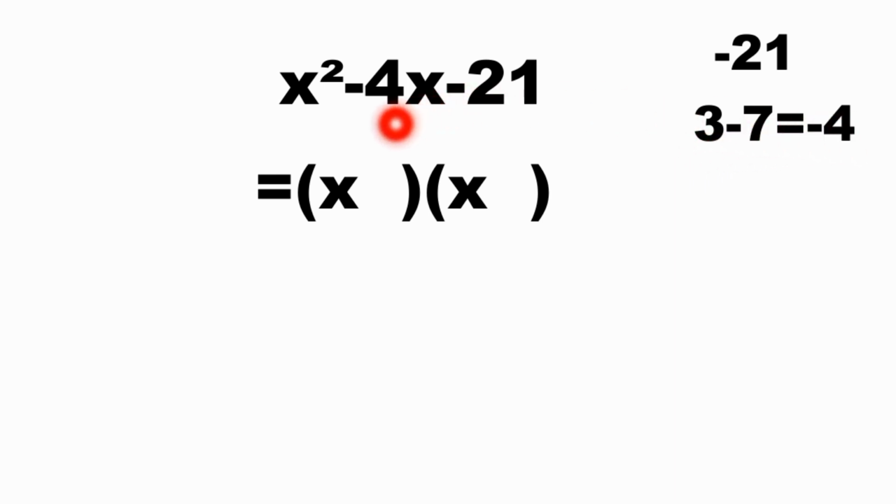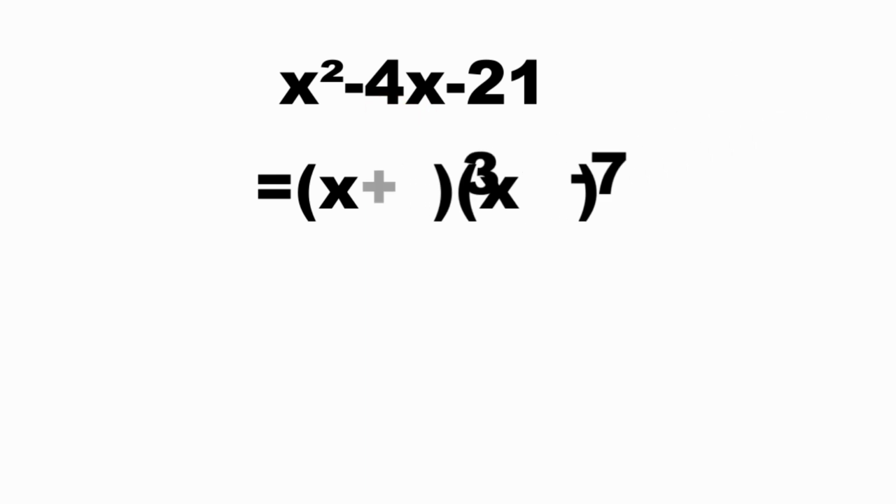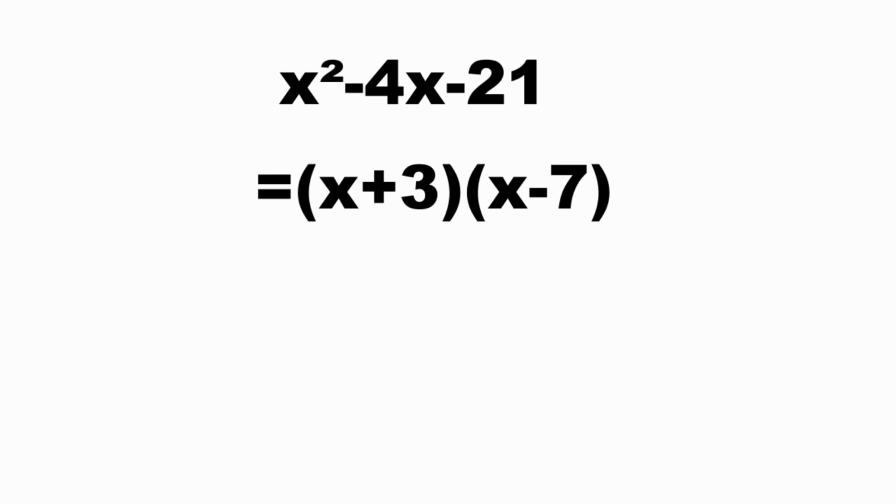So negative 4. So the factors of x squared minus 4x minus 21 are quantity x plus 3 and x minus 7. Since this is negative, 7 is negative and this is plus.